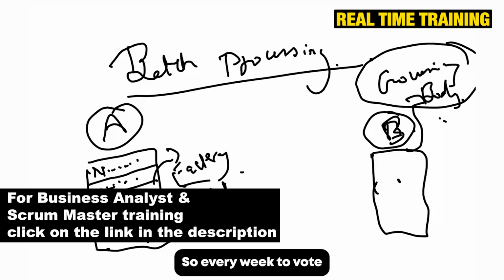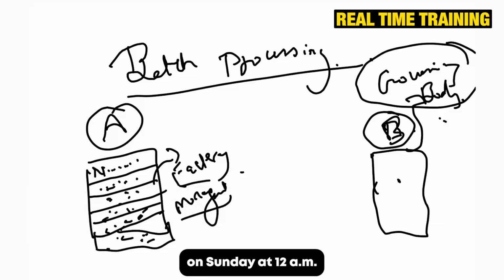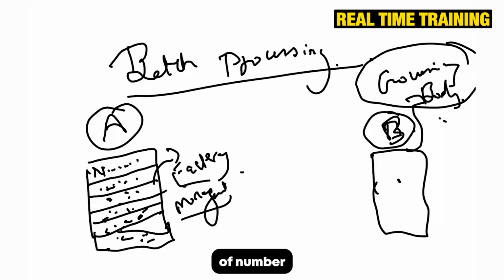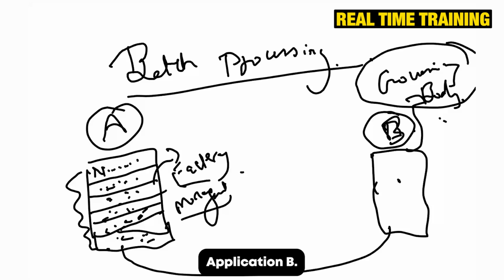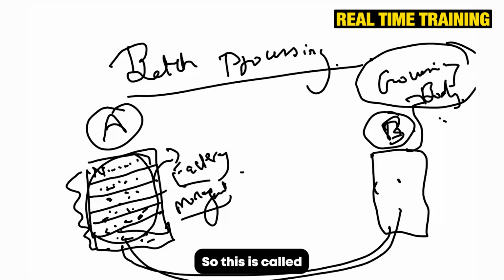So every week on Sunday at 12 a.m., a batch will run that will take all the information of the number of employees left, number of staff left, and bring it into application B. There might be 100 or 200 entries. Every week at 12 a.m., the process will bring all the information here into another application. So this is called batch processing.